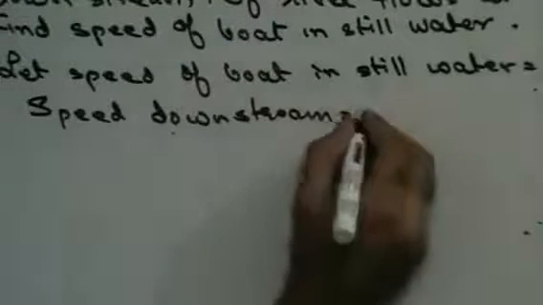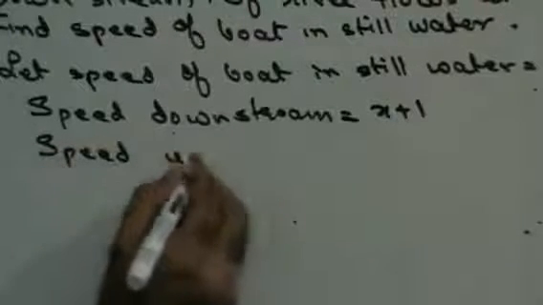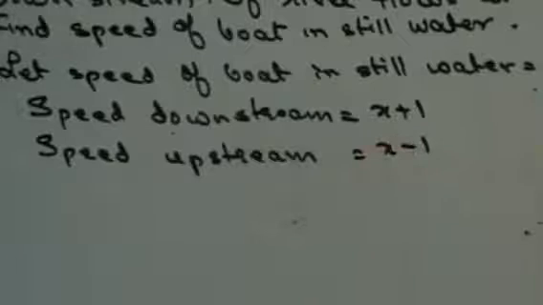Still water is x and the flow of the stream is 1 kilometer per hour. So it will be x plus 1. Speed upstream is going to be x minus 1.